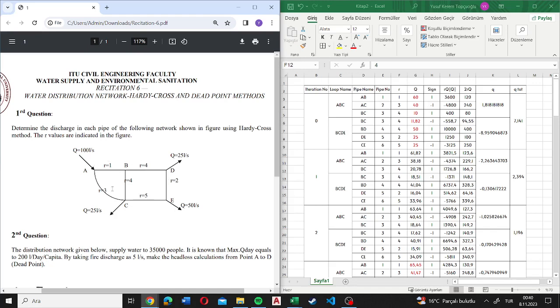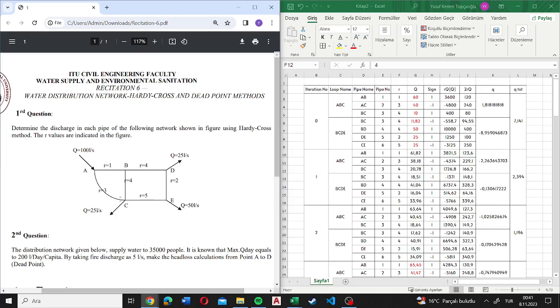In this system, we have two loops, ABC and BCDE. We made another assumption: for the loops, the clockwise direction is positive.